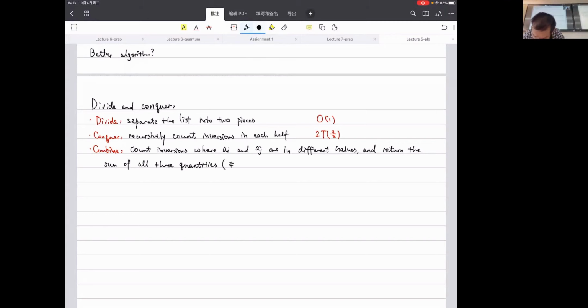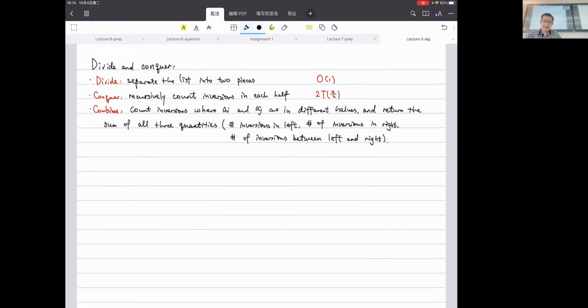That is the number of inversions in left, the number of inversions in right, and also the number of inversions just between left and right. I guess this is relatively straightforward.